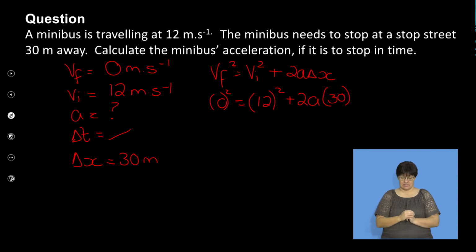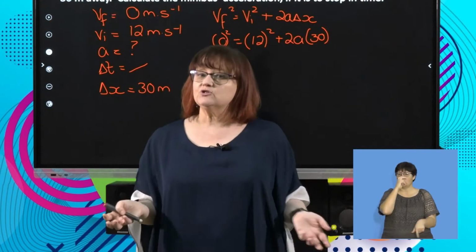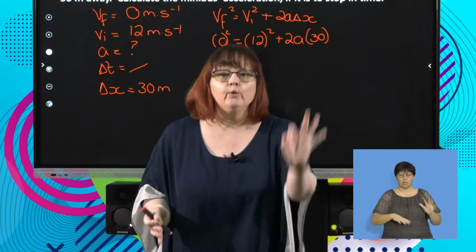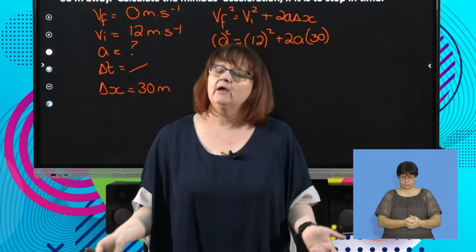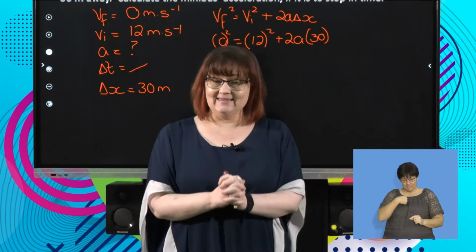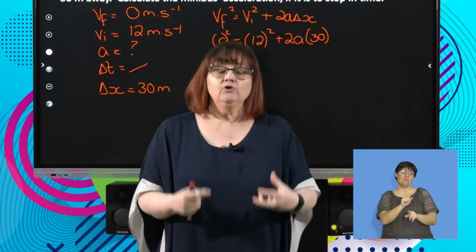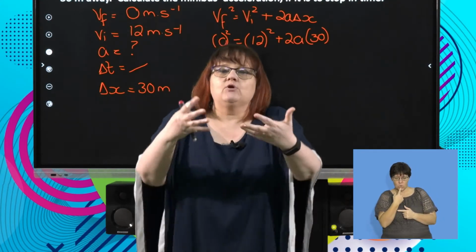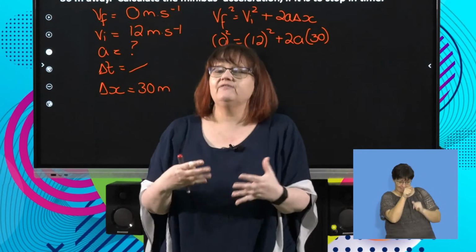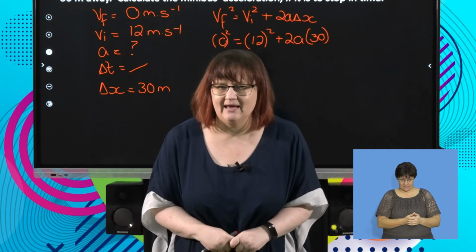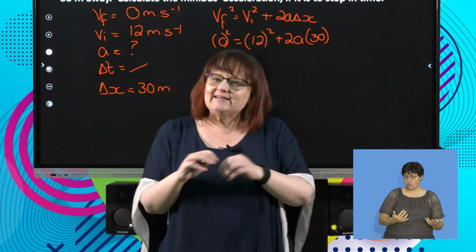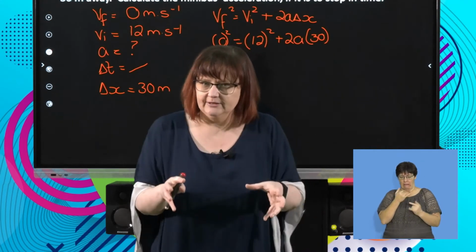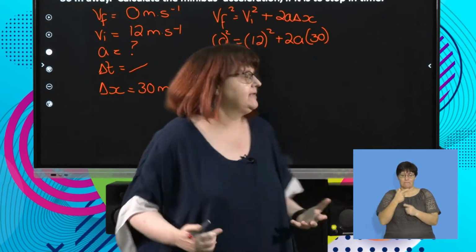At this point, if you can solve for A straight away and you don't need to show all the maths, go ahead and do that. But I think it is safer for you to do all the maths so that when you go back to it, you can see if you made a maths mistake, because that's sometimes where the wheels fall off a little bit, okay? So I'm going to do all the maths.